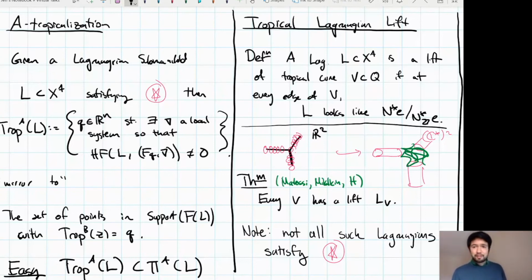And this is contradictory to what you see on the A side, where there's a realizability problem. It is difficult to take a tropical curve and lift it to an algebraic object. The key insight is that this lift is a very geometric thing, but not all the Lagrangians satisfy condition star, which I've been leaving off for a while now. So they may not have well-defined Lagrangian intersection Floer homology.